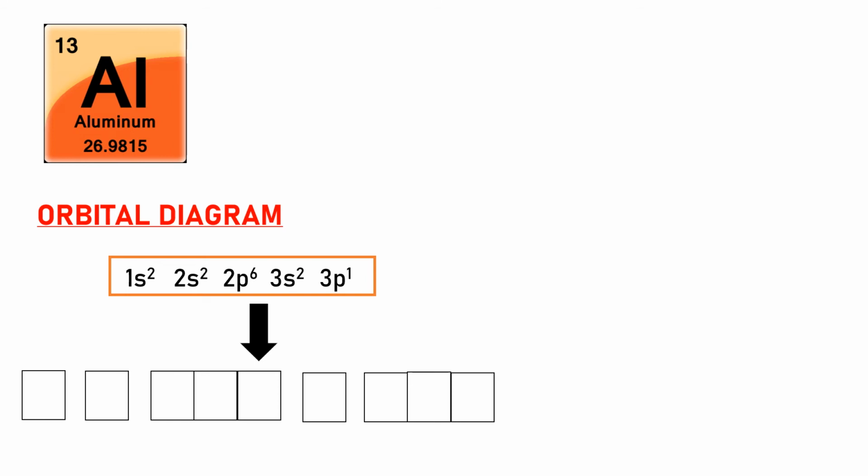Now we need to have the arrows. So you need 13. So 1, 2, 3, 4, 5, 6, 7, 8, 9, 10, 11, 12, 13. So that's the orbital diagram for the element aluminum.